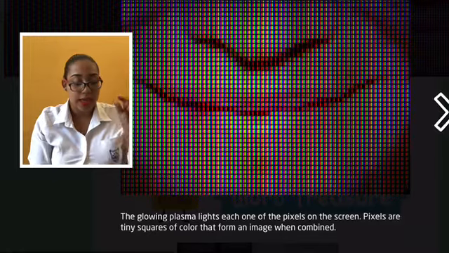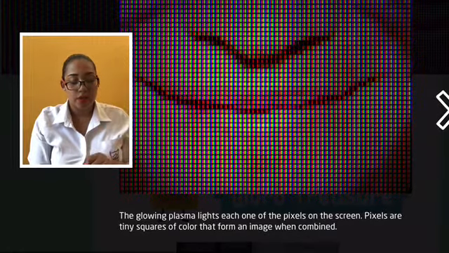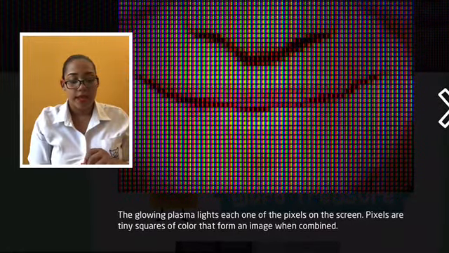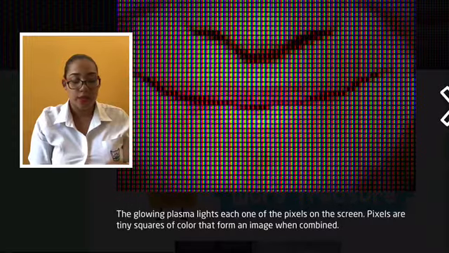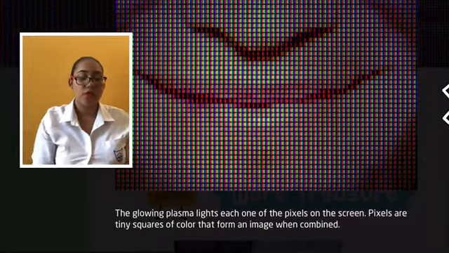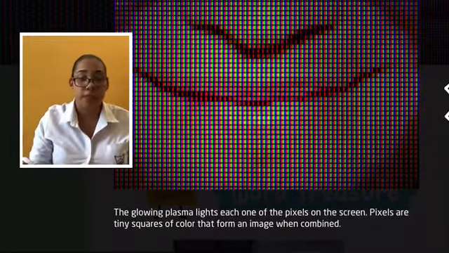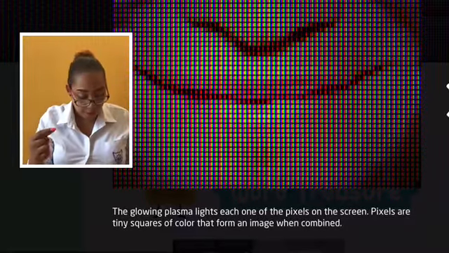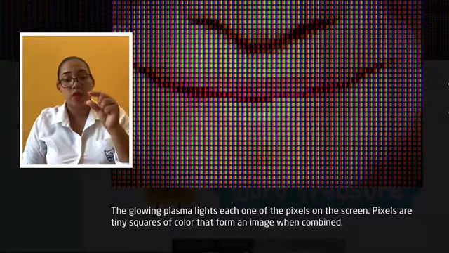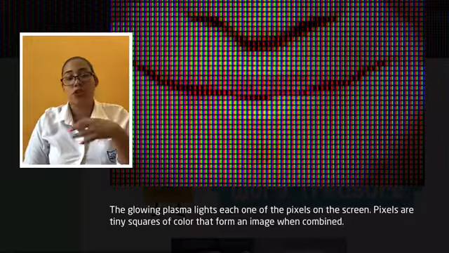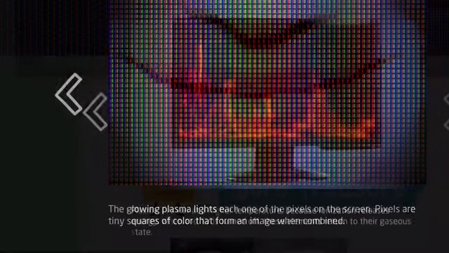Pixels are the tiny squares of color that form an image when combined. So that means there are thousands or millions of small pixels that will make this image look better.